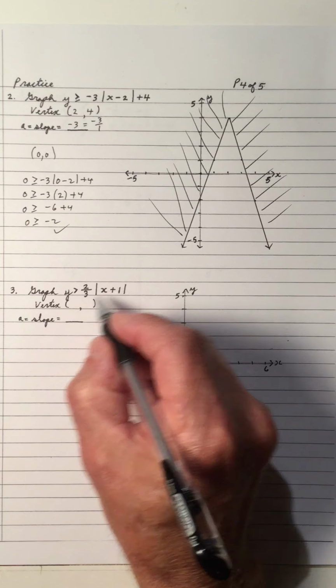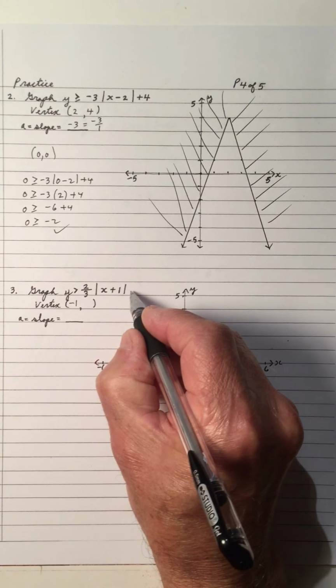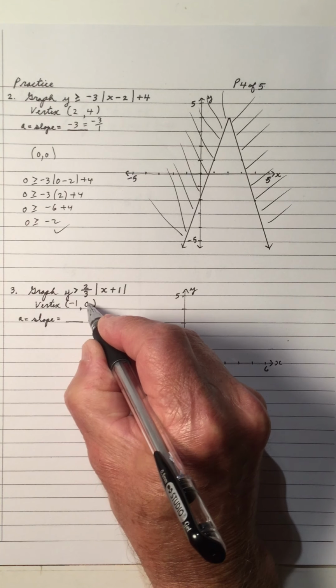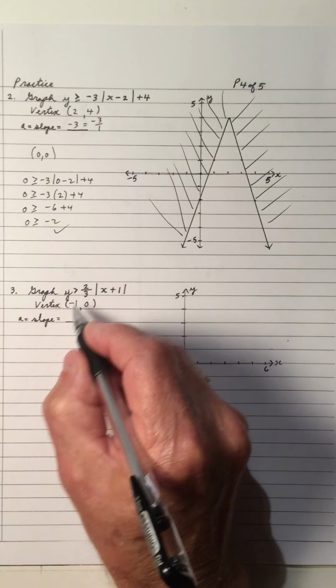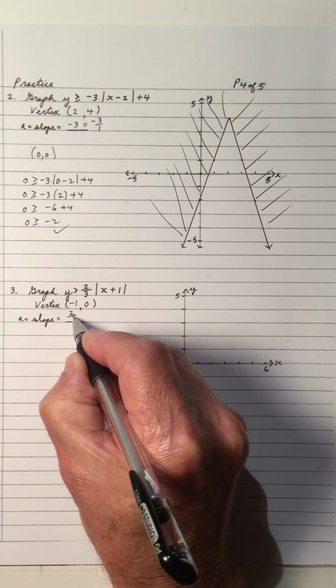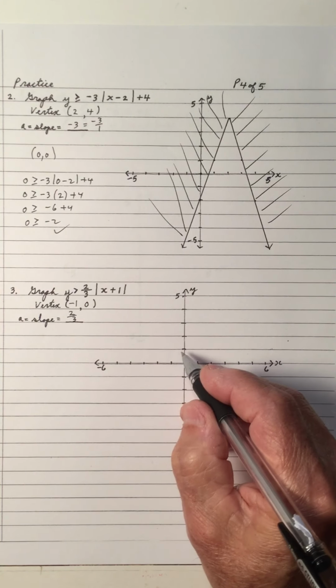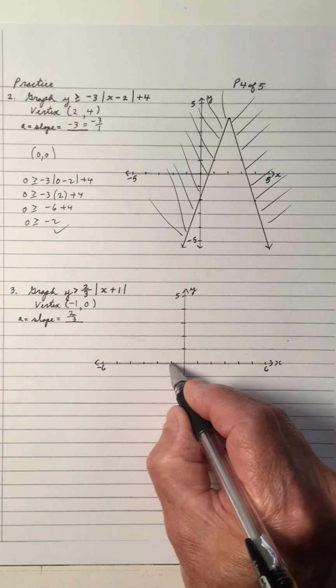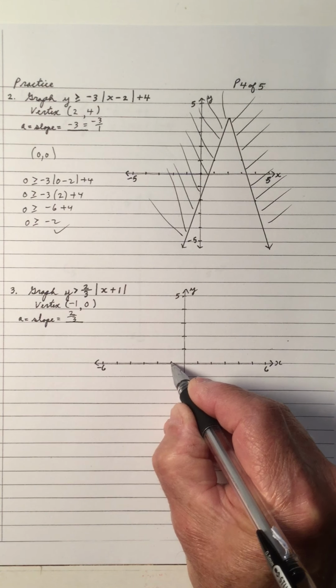And number 3, graph this absolute value. The vertex: x is the opposite of plus 1, which is a minus 1, and there's no number out here, so that's understood to be 0. The a, which is the slope, is 2 over 3. So we plot the vertex of x is negative 1, y is 0, right there.